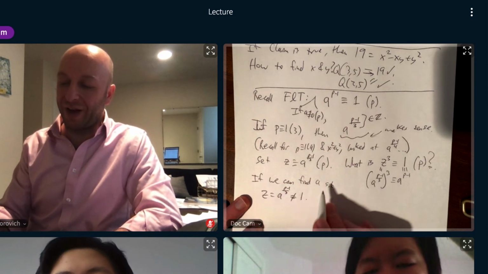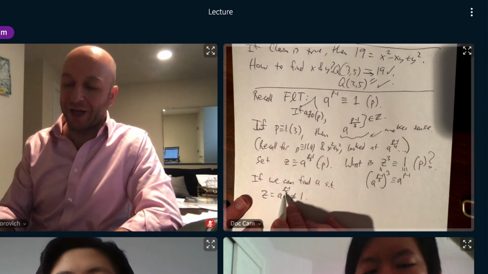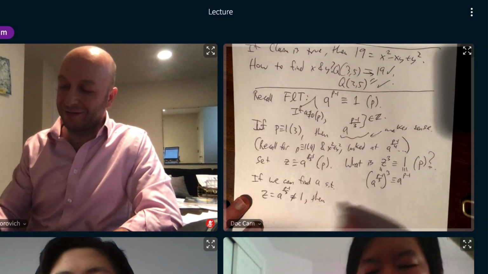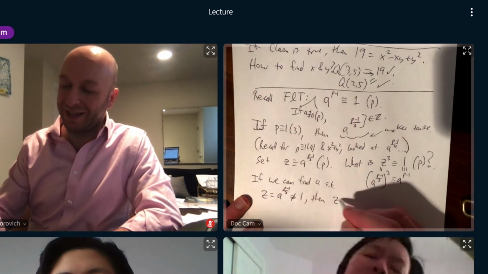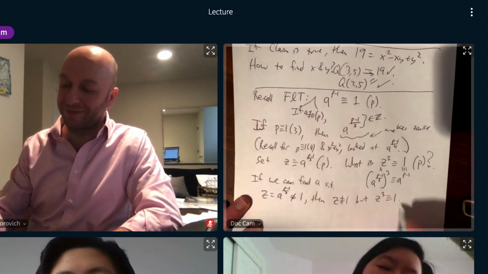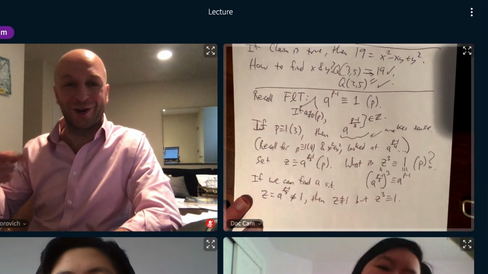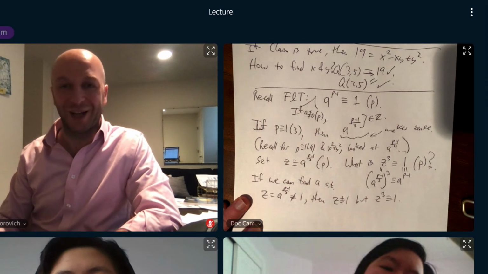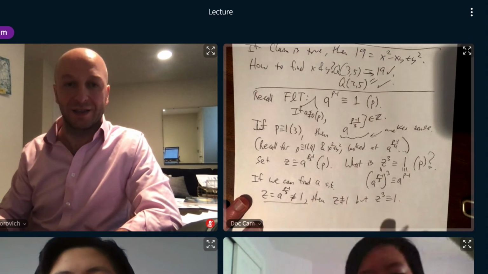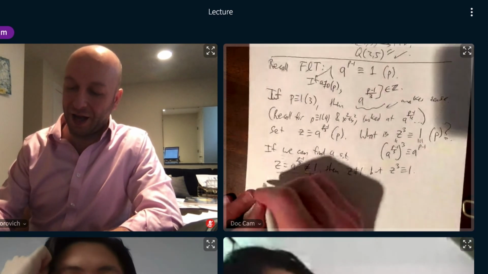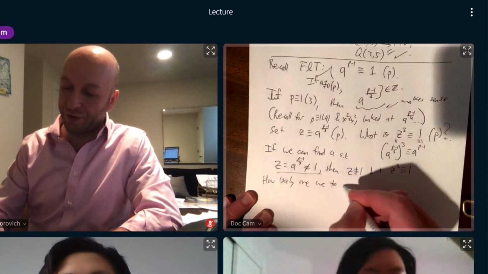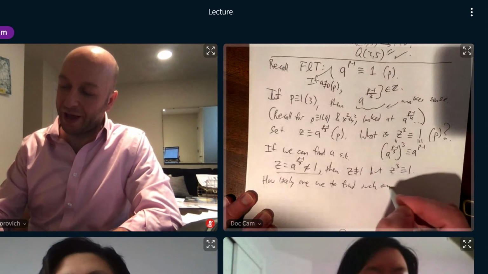If we can find an a so that a to the p minus 1 over 3 is not itself 1, then z is not 1, but z cubed is 1. And that's going to start off a chain of events. So let's see how likely or unlikely it is to find such an a.